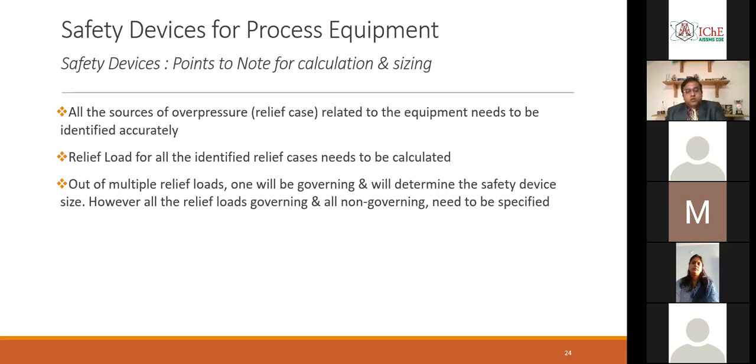So first you identify all the relief cases and calculate the relief load. For each identified relief case, you calculate the required orifice area. Then you go to the table and select the PSV for the highest, or governing, case, so that the non-governing cases will also be protected.